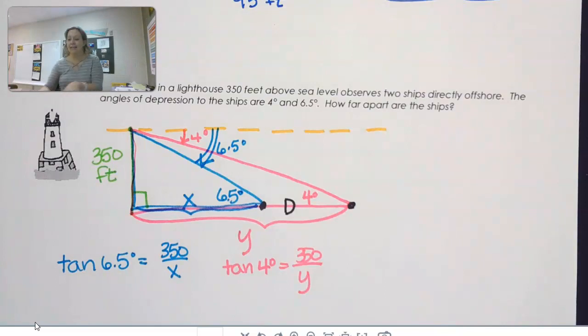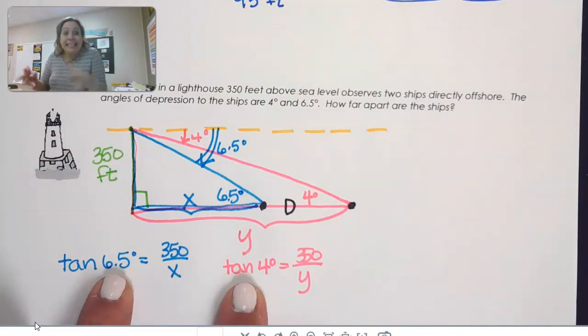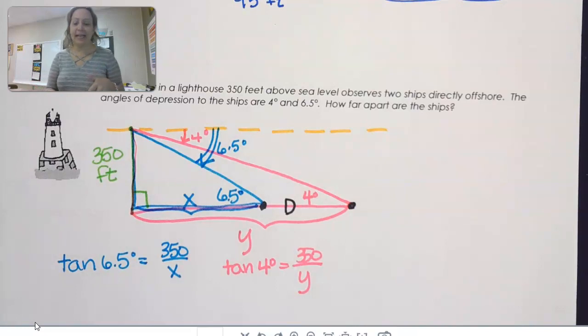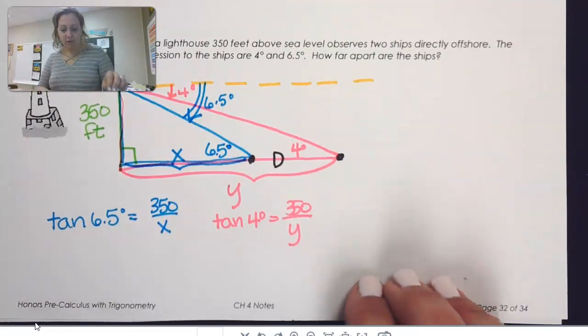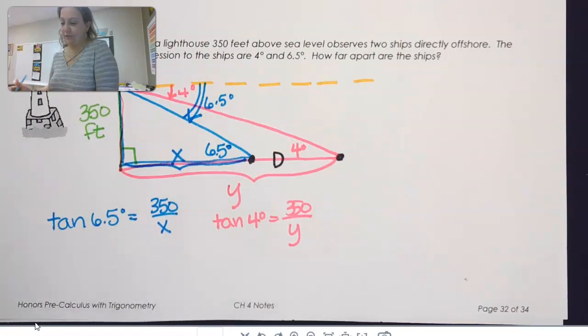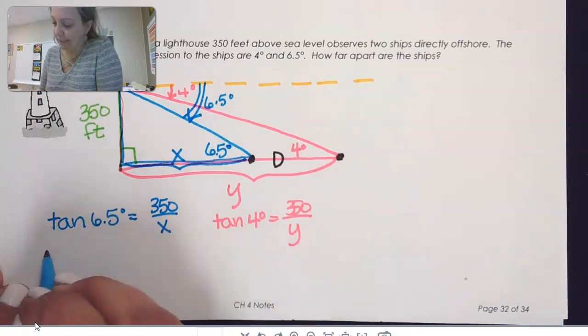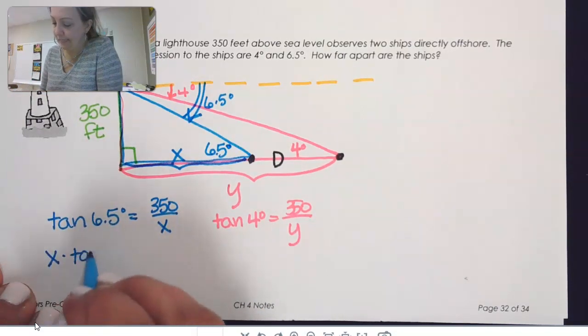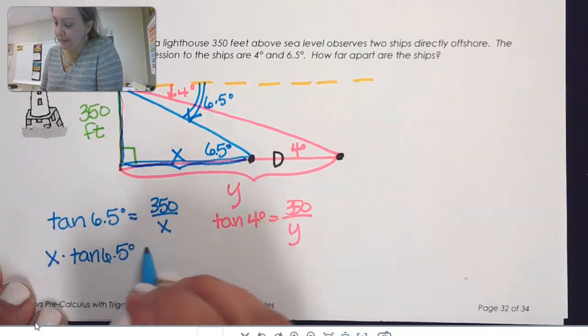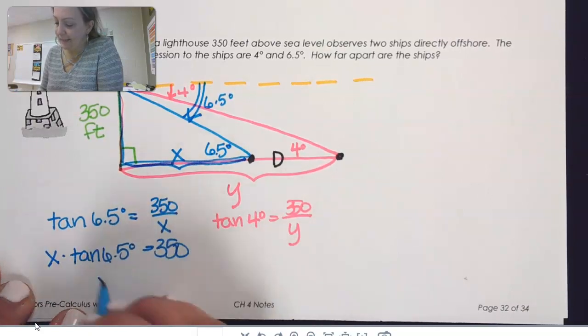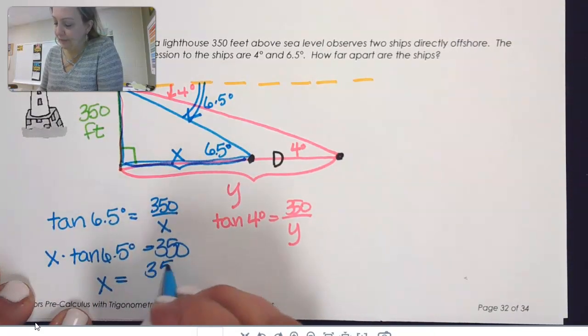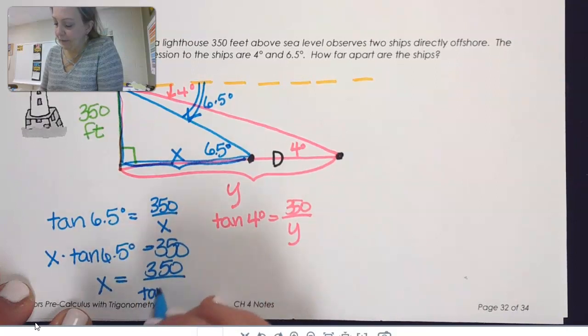And you guys remember that these are numerical values. So this tells me what X is and what Y is. So let's maybe solve for X and Y in each of those. I'm not sure if you have to do all the steps, but I could multiply both sides by X here, and then divide by the tangent of 6.5.